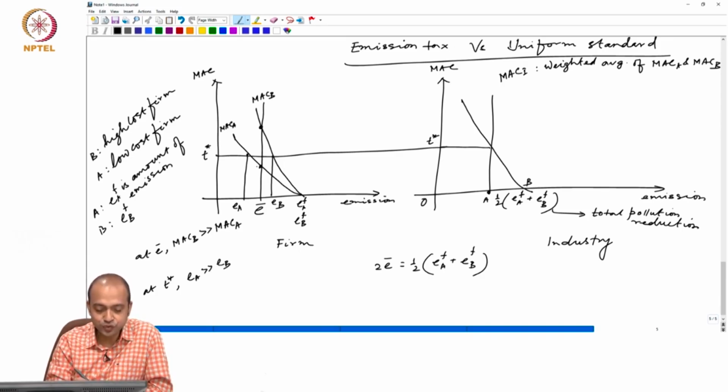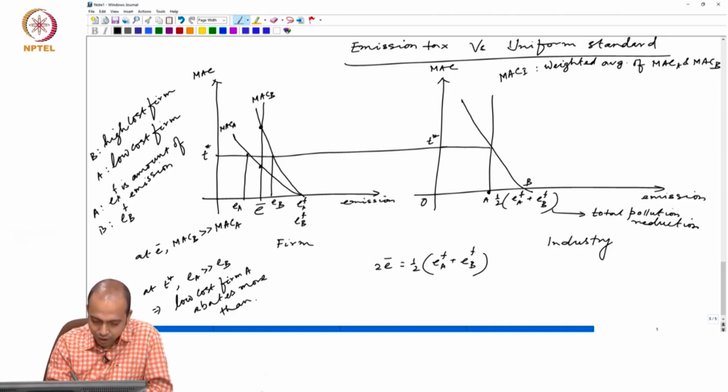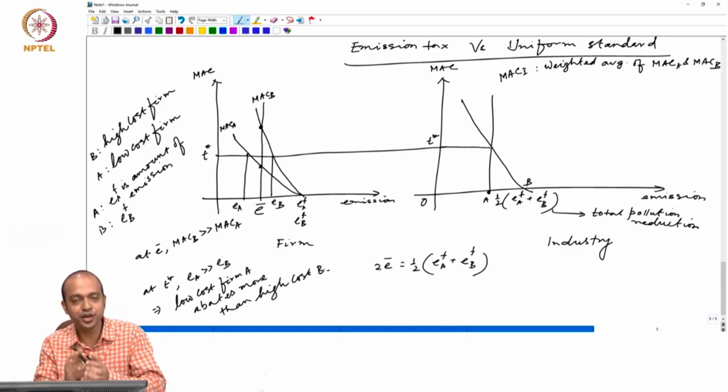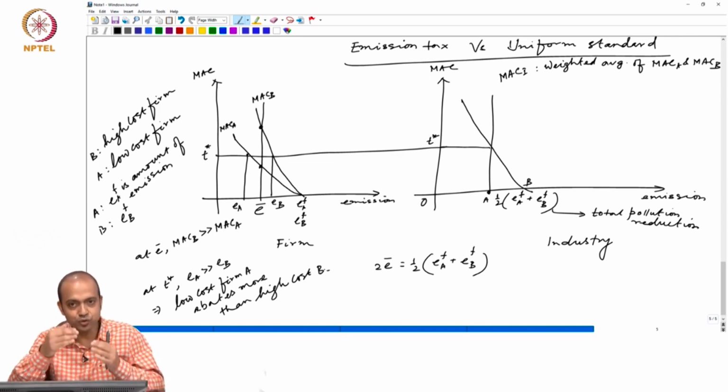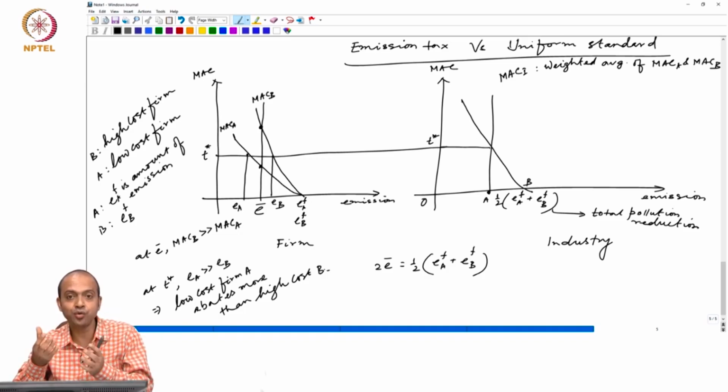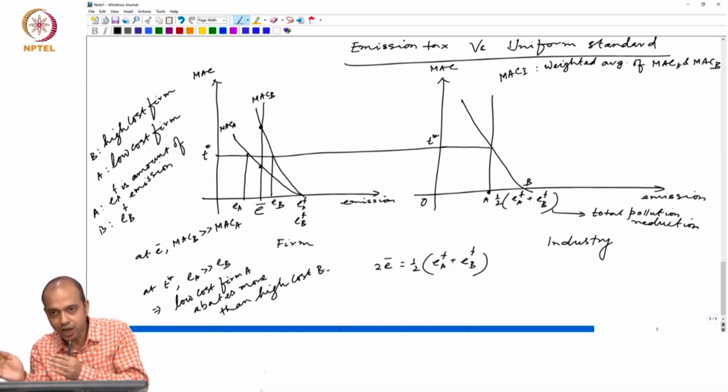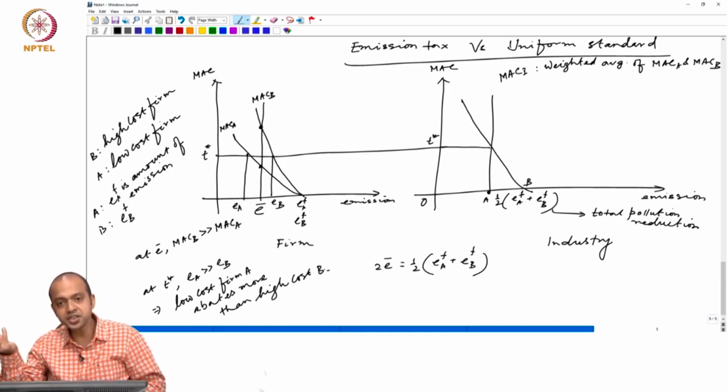That means low cost firm A abates more than high cost firm B, and that is why emission tax is more effective, because we are redistributing the control responsibility from high cost to low cost. Then society is achieving the same amount of pollution control at a lower cost.